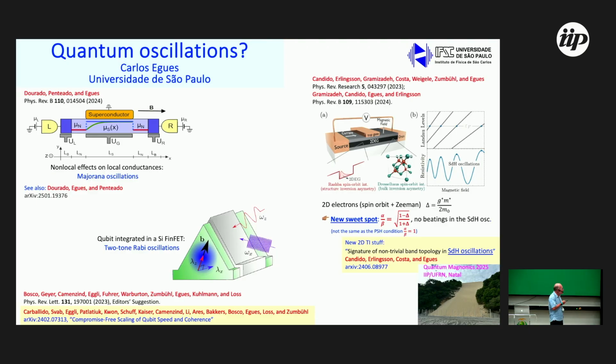And at this sweet spot, the beatings vanish, and they vanish in all harmonics of the Shubnikov-de-Haas oscillation. So I can have a full talk on that, and if you're interested in this kind of thing, we can discuss.